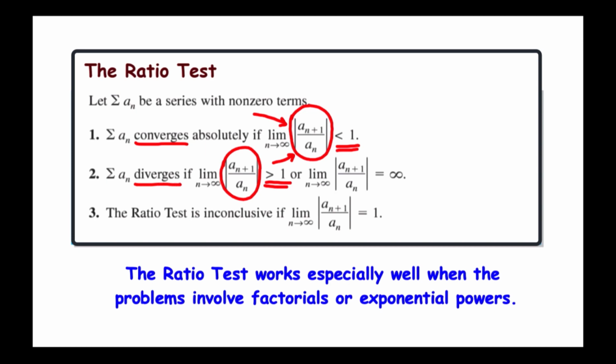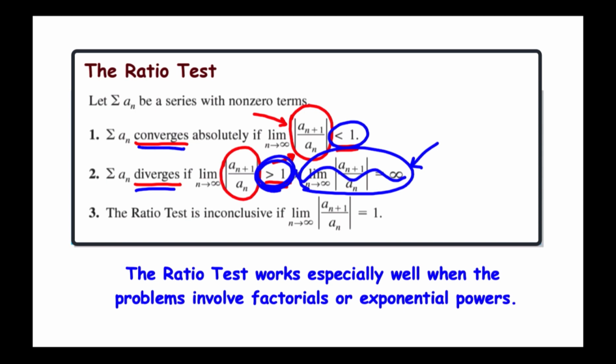And I don't know why the book felt the need to write this second little part here. Oh, by the way, if it becomes infinity, it also diverges. I mean, last time I checked, infinity was greater than 1, so I'm not real sure why this is here. Maybe because infinity is a concept rather than a number, they felt the need to put that just to be extra accurate.